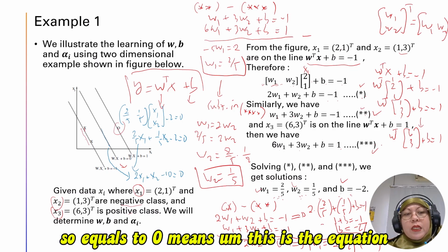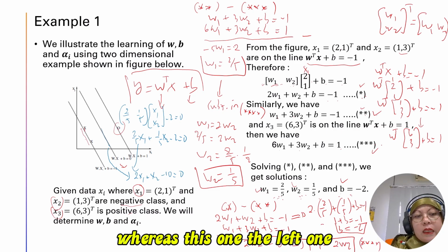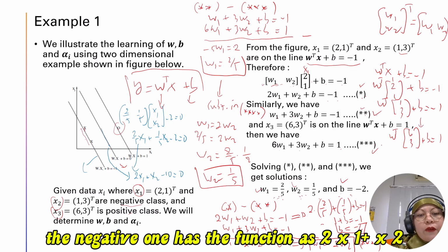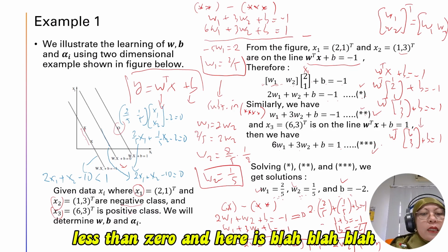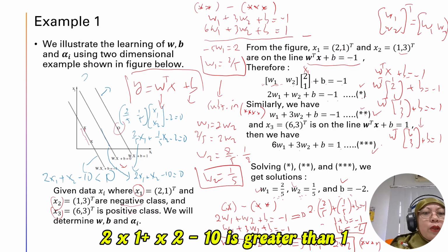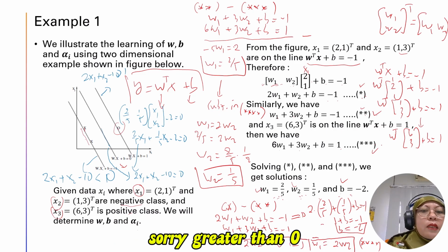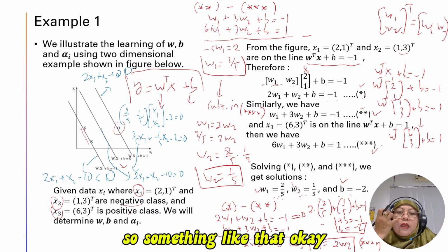So equals to 0 means this is the boundary equation, whereas the left one, the negative one, has the function 2x1 plus x2 negative 10 less than 0. And here 2x1 plus x2 negative 10 is greater than 0. So something like that.